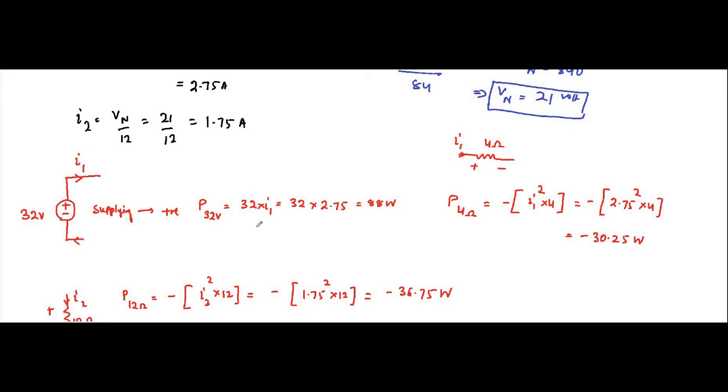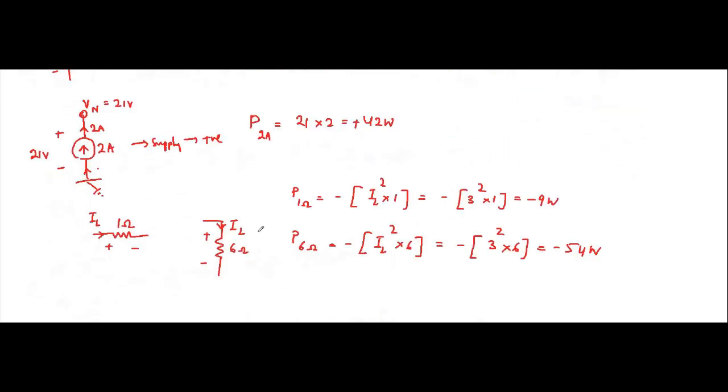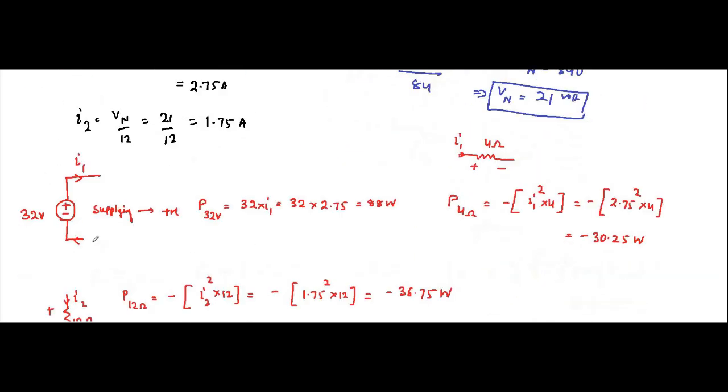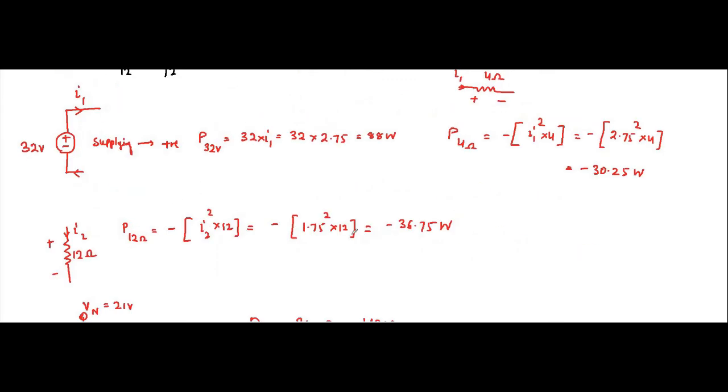Now let us find out the total power, the summation of the total power supplied and absorbed in this closed circuit. Starting from the voltage source, it is plus 88 watt. Then we have the 12 ohm resistor, minus 36.75.